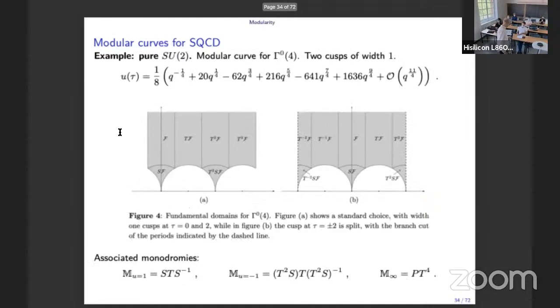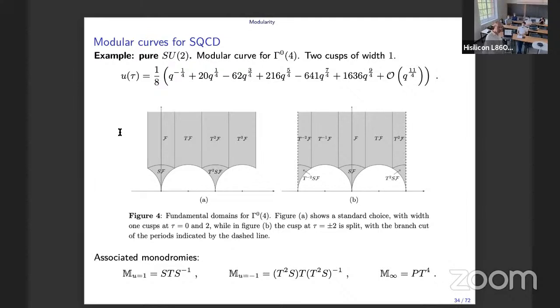You see that N=3 is gamma 0(4) downstairs, gamma 0(4) upstairs. But the fact that they are conjugate to each other gives different physics, because it corresponds to essentially putting different cusps at infinity. So for pure SU2, that's the gamma 0(4) modular curve, that's the fundamental domain. And so you write the u-plane mapping into the upper half plane as a fundamental domain for gamma 0(4), and that gives maybe a very neat picture of the physics.